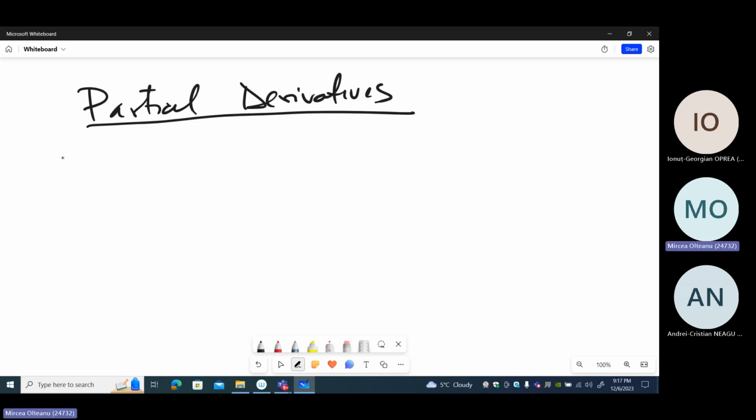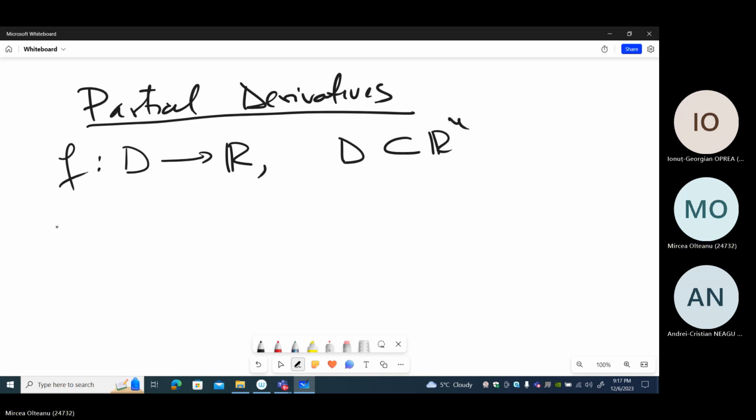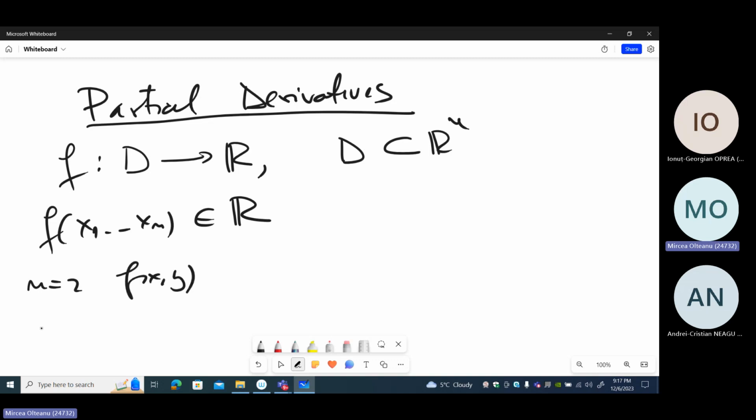So our object is a function defined on D, taking values in the set of real numbers, and D is a subset of R^n. So f applies to x1, ..., xn, and the result is a number. Particular cases: when n equals 2, we have f of x and y. When n equals 3, we have f of x, y, and z.